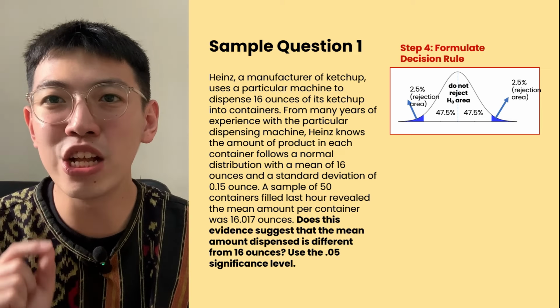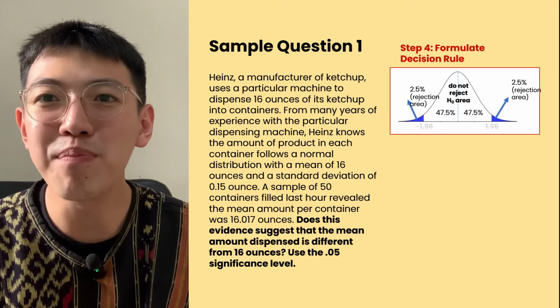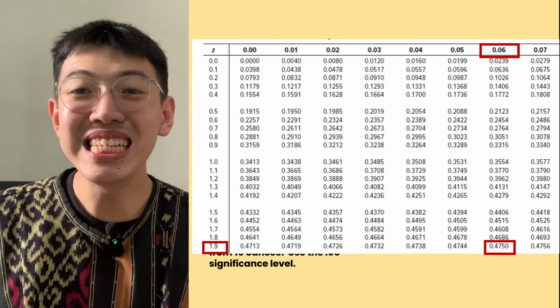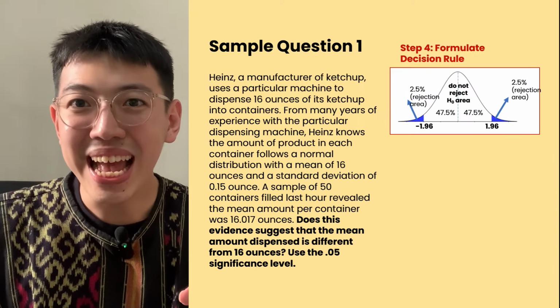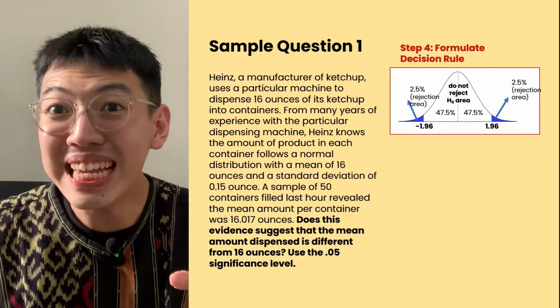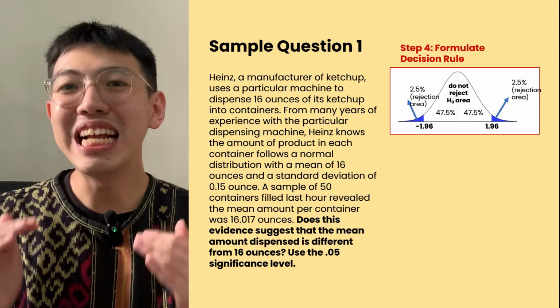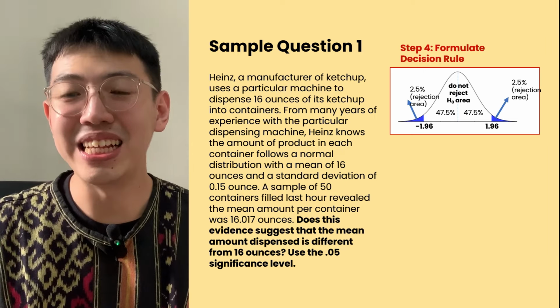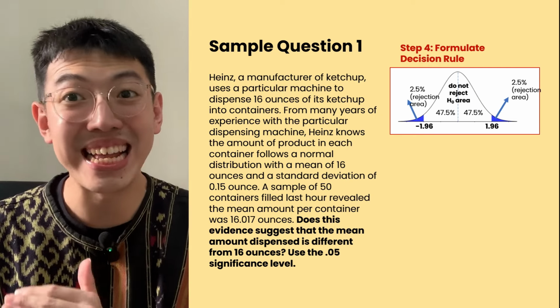If the area is 0.475, we can find the Z will be 1.96. Since it is two-tailed, we put 1.96 on the right, and on the left, we put minus 1.96. Is it clear? This is the Z critical. So the Z criticals are minus 1.96 and 1.96.